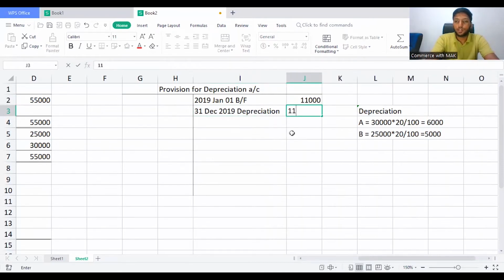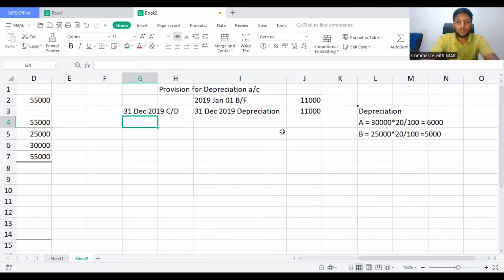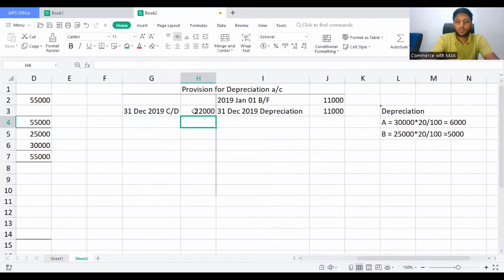Both the values, 11,000 for A and B, and finally I'll have the carried down balance on 31st December 2019 as, how much? 22,000. So I'll record 22,000 here. Then take the total balance on both sides. The credit side is always higher. So 22,000, 22,000.